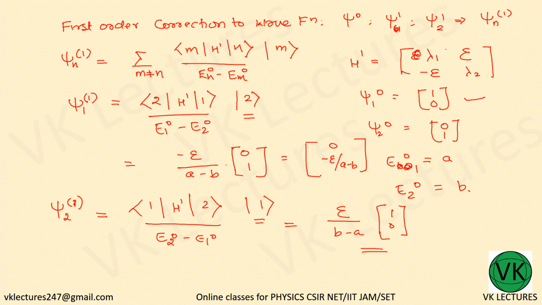So that will become E divided by B minus A, and 0. So this is the first order correction to the wave function of the second state. So that's it.